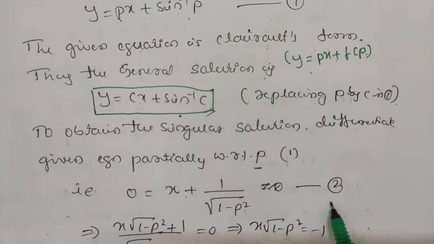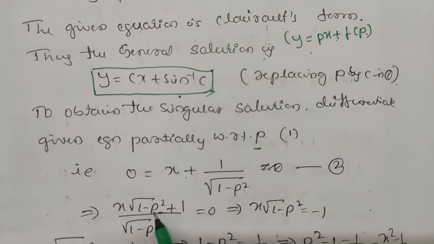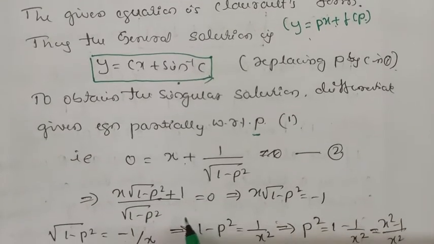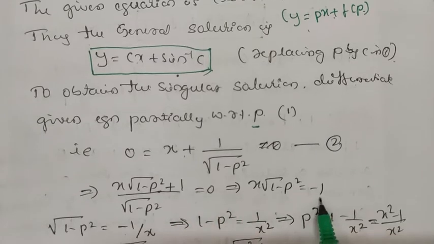So here we want to eliminate p, no? So for that you just simplify this one. So take LCM, under root of 1 minus p square is LCM, cross multiply: x into root 1 minus p square plus 1 is equal to 0, and denominator becomes 0 here, and you take this plus 1 to the RHS, it becomes minus 1.